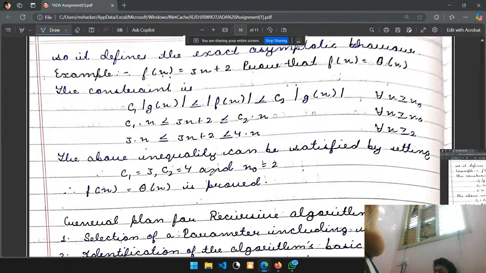Setting c1 equal to 3 and c2 equal to 4, we have 3n, then n plus 2, and then 4n.